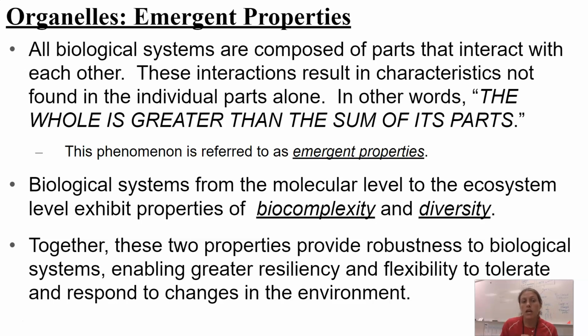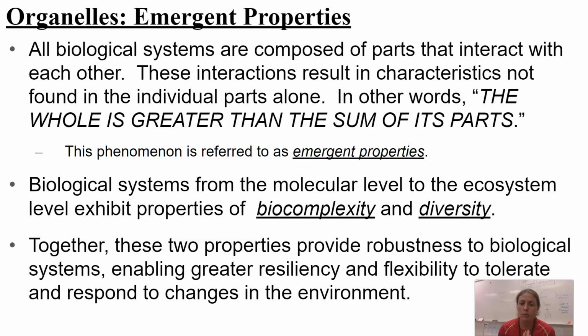When we put them together, they're a working whole. Now, the sum of all the parts is awesome, and we love that each of them has its own individual function. But we have a problem if one of those things is out of place. For instance, you guys know the mitochondria is the powerhouse of the cell. If the mitochondria doesn't work, we don't supply energy to the rest of our organelles, and we drop down, okay?